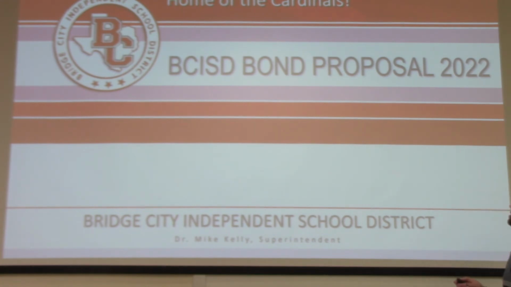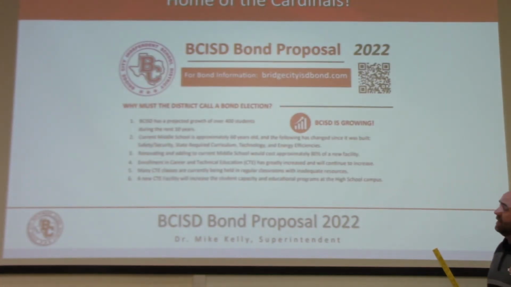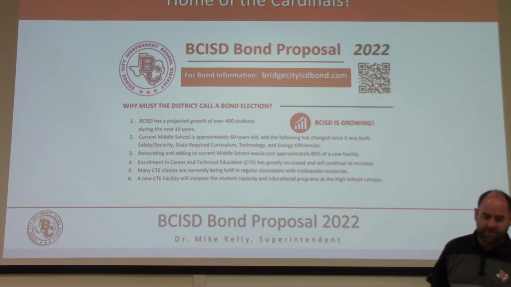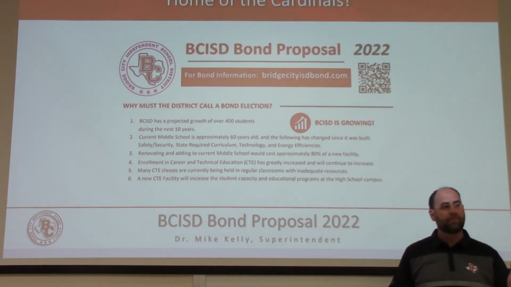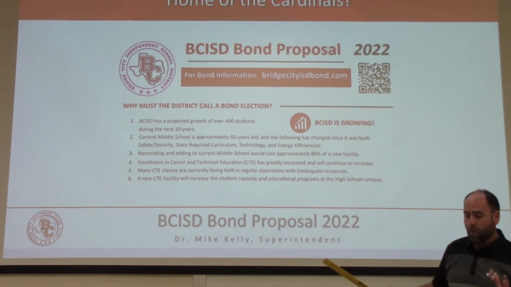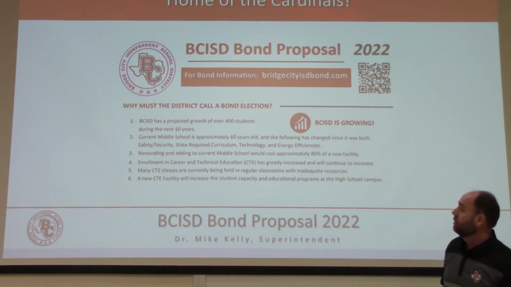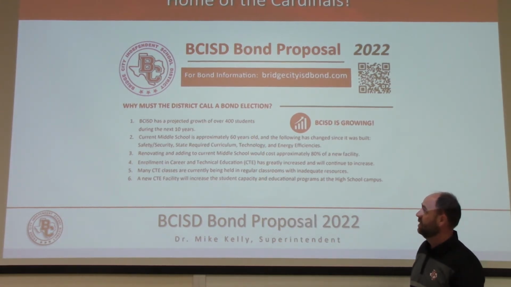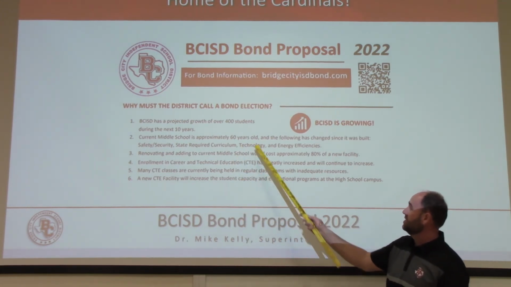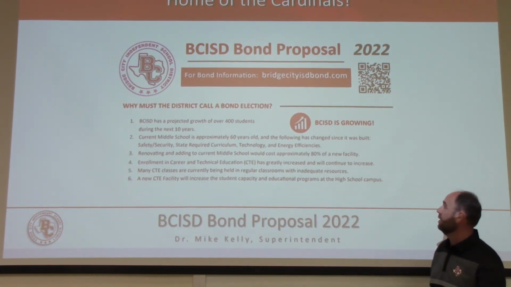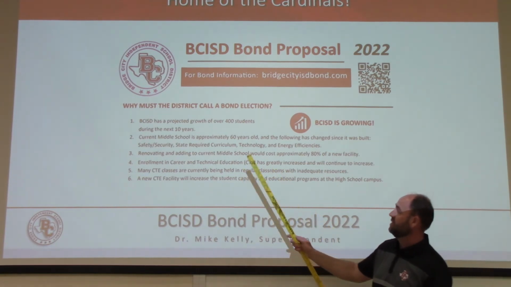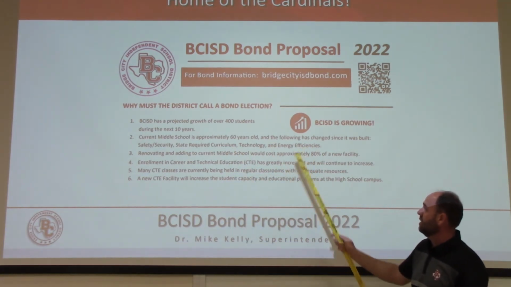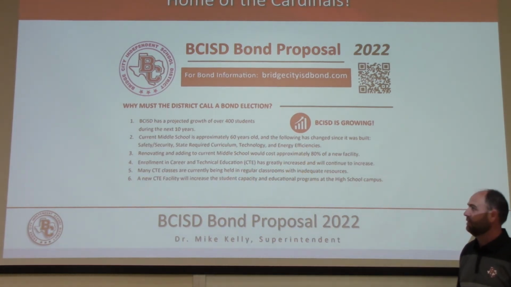So on our bond proposals, again, these are kind of 6, if you took all those facts I've talked to you about up to this point, how did this bond come about? The growth. We're projected to grow over 400 students in the next 10 years. The current middle school is approximately 60 years old. We've talked over and over about the challenges with safety, security, state curriculum, technology, energy efficiency.